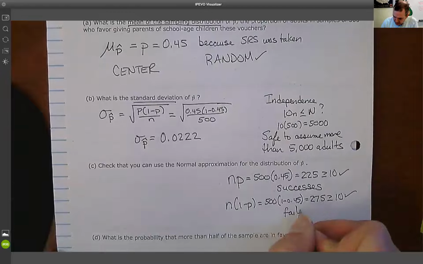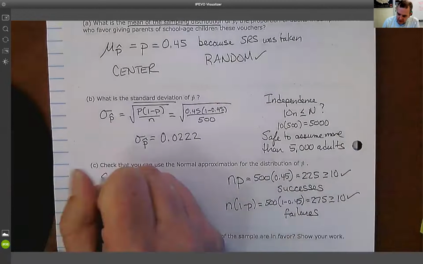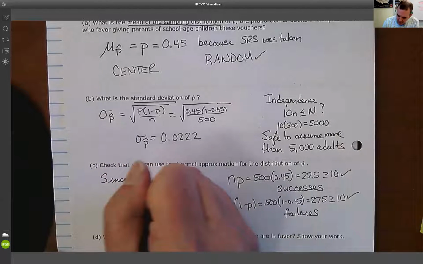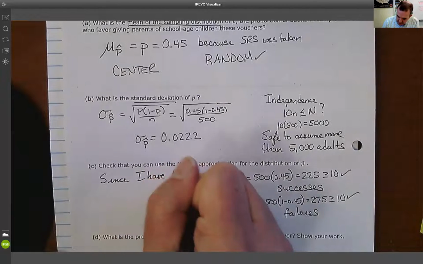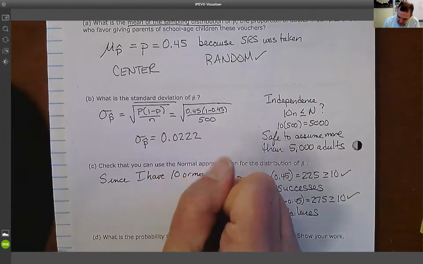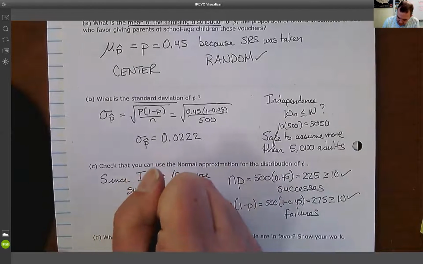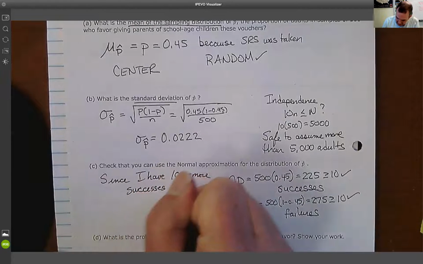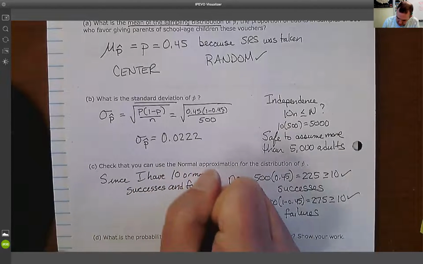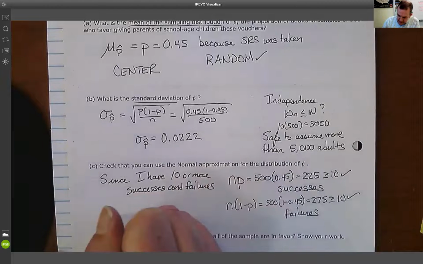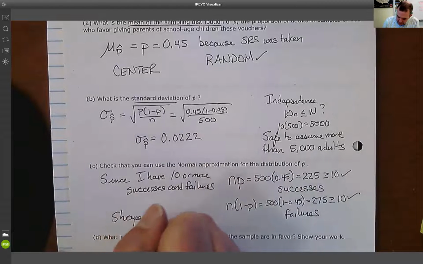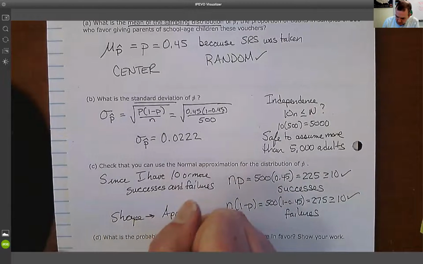This is tracking my failures. So since I have 10 or more successes and failures, I can tell you that the shape is approximately normal.